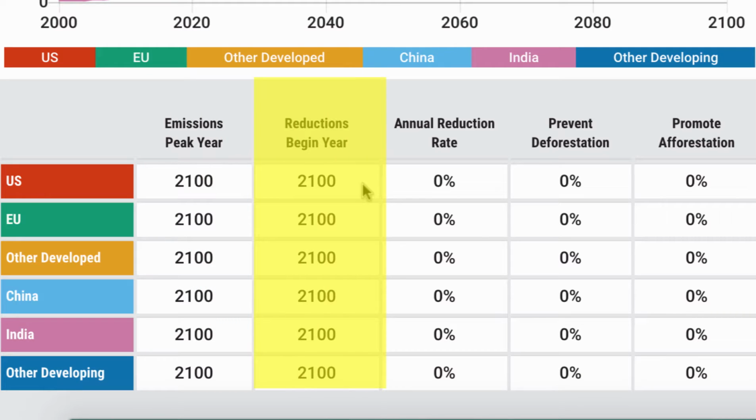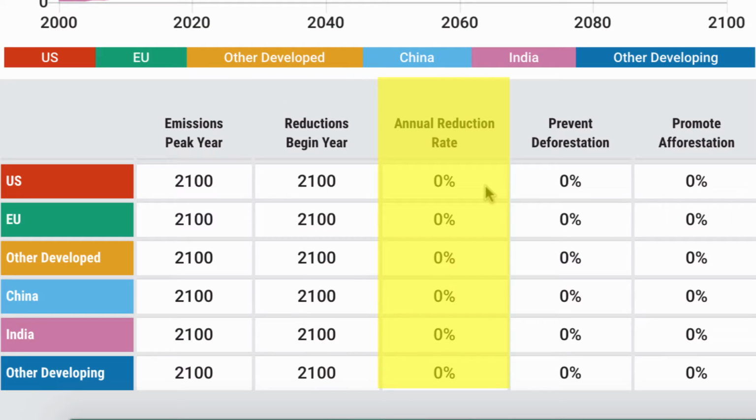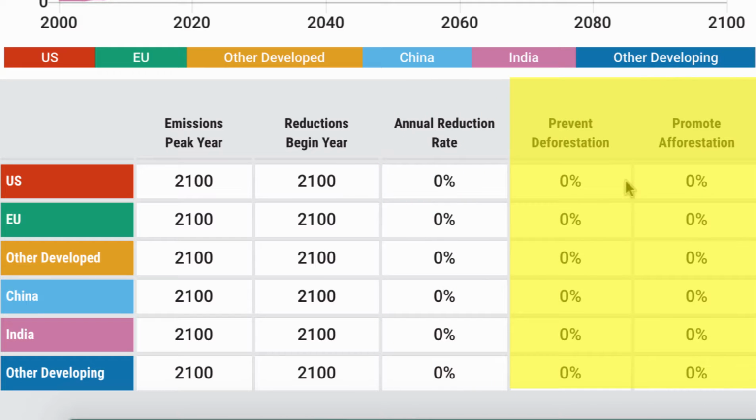Reductions begin year is the year in which your country's emissions will begin reducing. Annual reduction rate is the percentage by which your country's emissions will start reducing every year once the reductions begin. And then these last two, prevent deforestation and promote afforestation. The first is stopping cutting down trees, and the second is planting trees.